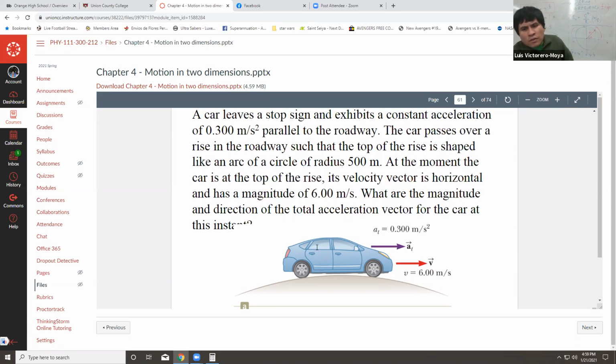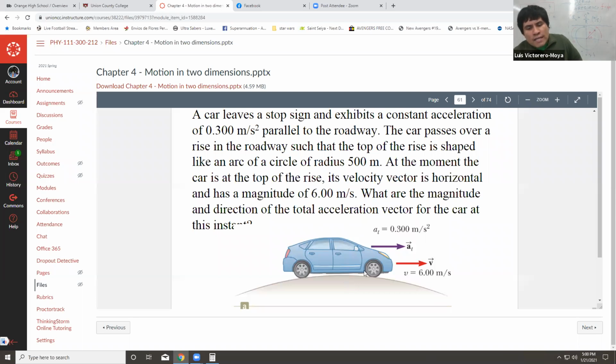Okay, so here they give you, so we can probably do this later. I mean, what do they give you? A car lifts off a stop sign, and they give you the acceleration and the radius of the loop. At the moment, the car is on the top of the rise with this radius. Its velocity vector is 6 meters per second. What are the direction and total acceleration vector?